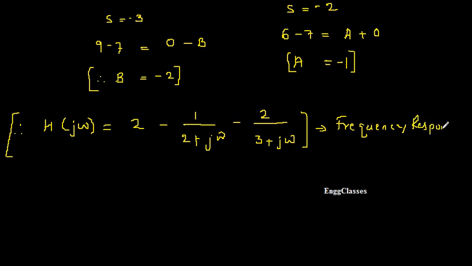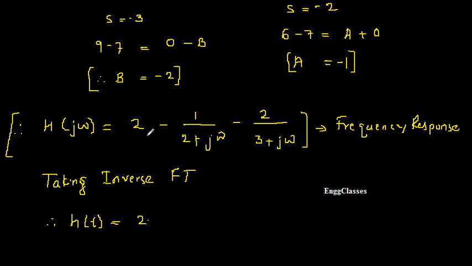Frequency response. So how do I get the impulse response? Take the inverse Fourier transform and I would get the impulse response. Taking inverse Fourier transform, therefore I would get h of t. H of j omega gets transformed to h of t, and 2 is the constant.